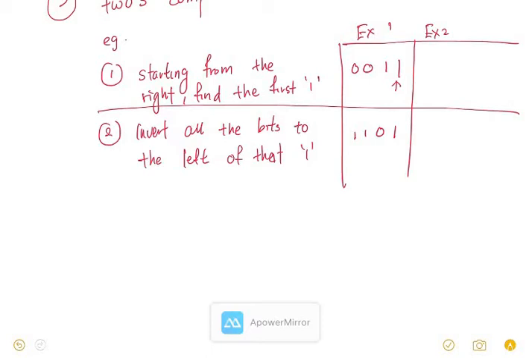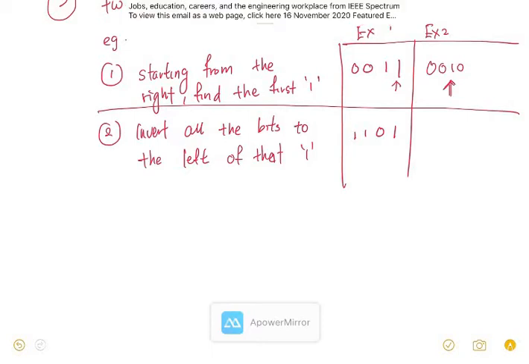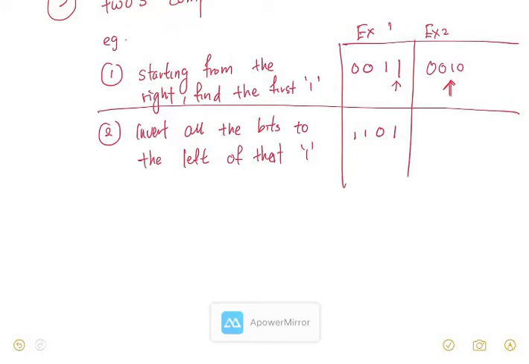Second example: if I have 0, 0, 1, 0, where is my first 1? From the right, sorry, from the right. So this is the first 1 from the right. Therefore I change only the bits to its left, so 1, 1, 1, 0. These two I keep the same, and I just change these two.